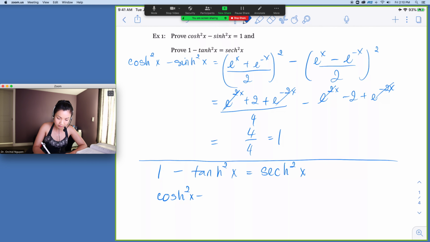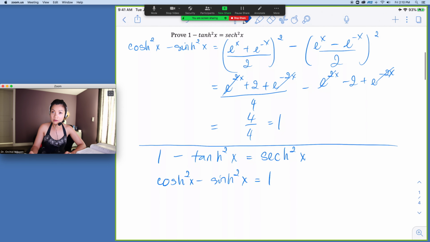This is what we have. Keep this in mind. Let's say that I want to divide both sides by hyperbolic cosine squared.